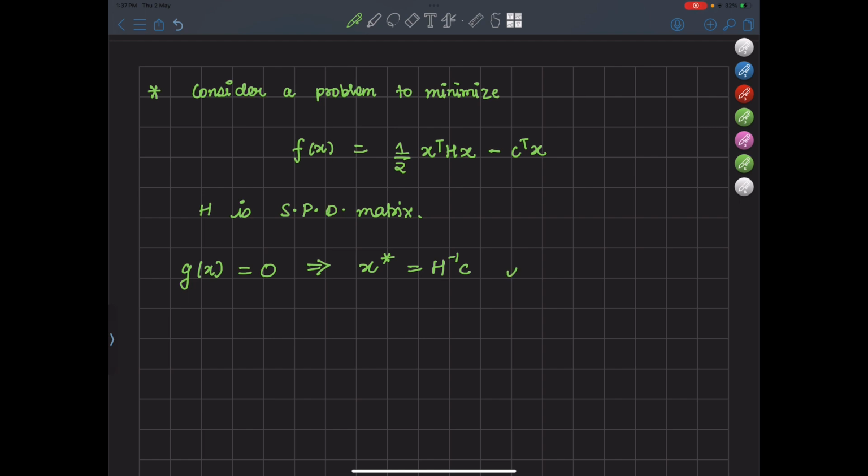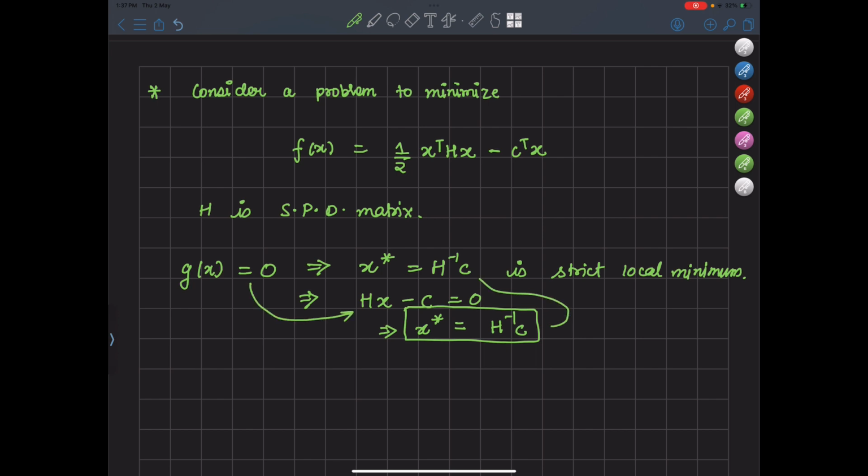It's a strict local minimum. How did we get this? g(x) is given by Hx minus c equals 0, which means x star equals H inverse c. This is how we got this value.